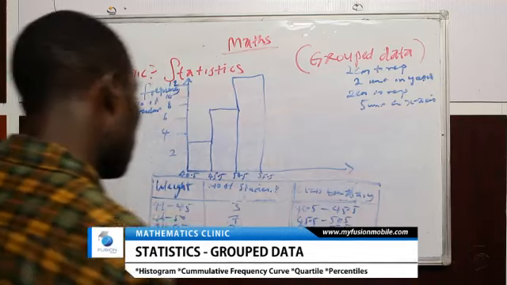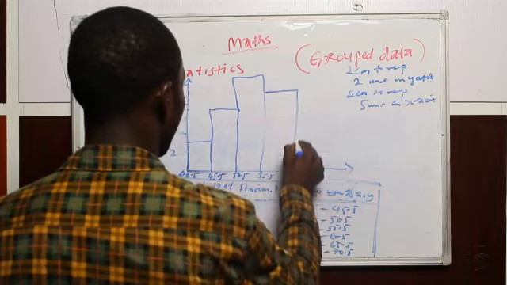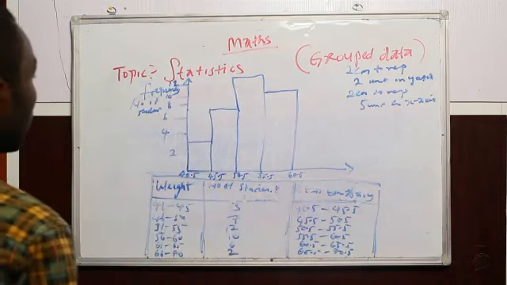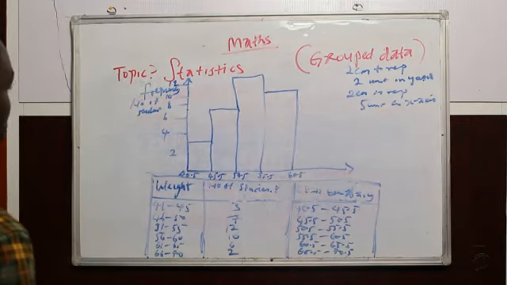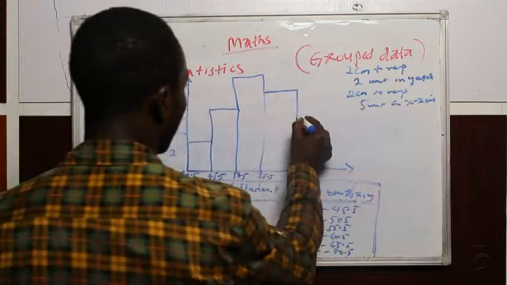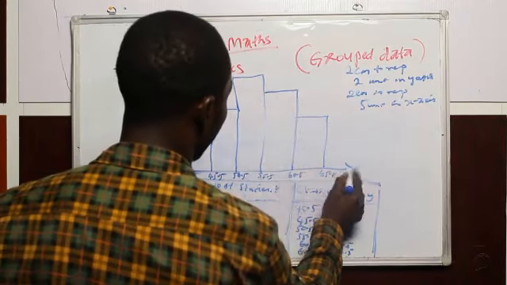Then 60.5 is 10. We move on to 10. That's 60.5. Then the next one is 6, which is 65.5. We trace it out, 65.5.